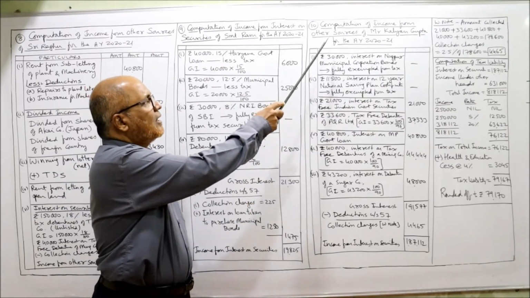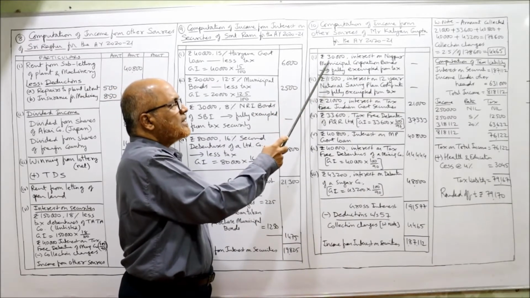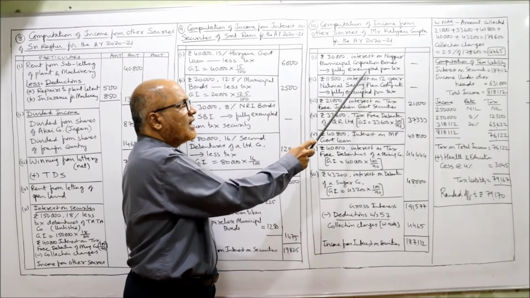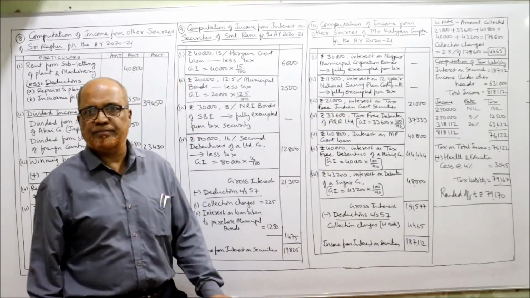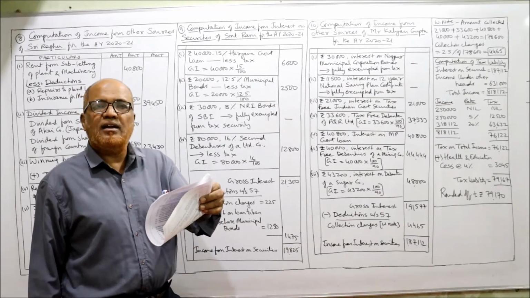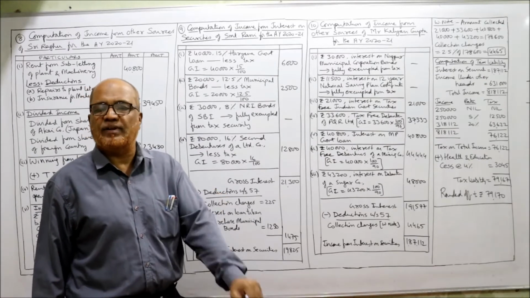So here I have taken computation of income from other source of Mr. Kalyan Gupta for the assessment year. Rupees 30,000 interest on Nagpur Municipal Corporation bond fully exempted from tax. Put a dash. Second item. Rupees 11,500 interest on 12-year National Saving Plan certificate.